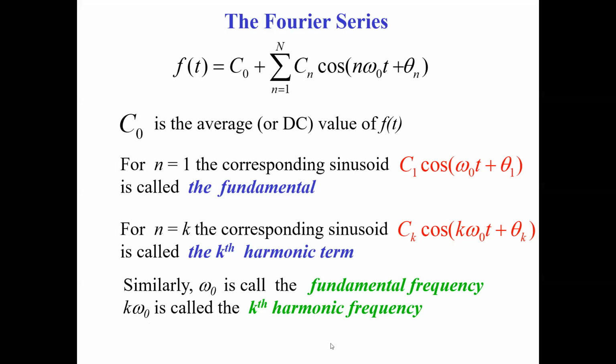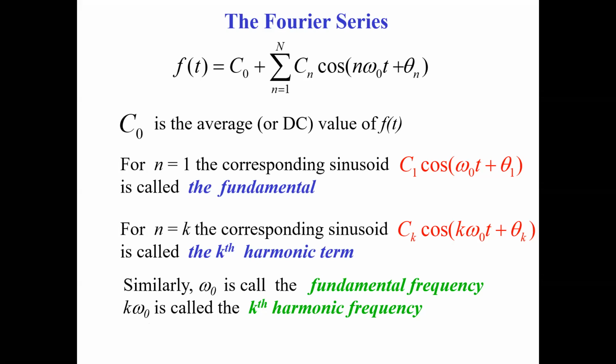So remember this term: if I put n equal to 1, it is the fundamental term. If I put n equal to k, it is the kth harmonic term. And omega naught is the fundamental frequency, and k omega naught is the kth harmonic frequency.